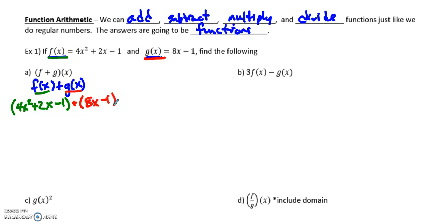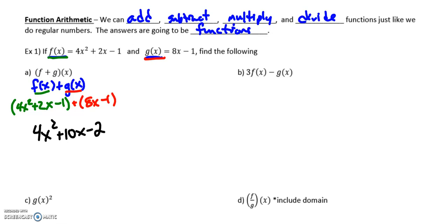So in this case, I'm just adding two polynomials together. Parentheses don't really mean much. That's just for keeping things looking nice early on. When I add them together, if I grab a slightly different color, I get 4x squared plus 10x minus 2. That is f of x plus g of x. The answer is a function.